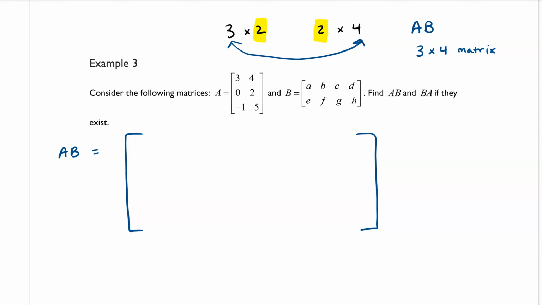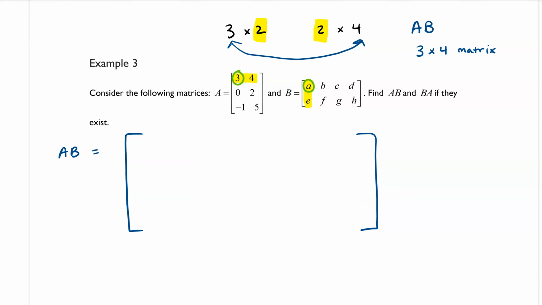So what we're going to do is the very first entry of the AB matrix, or A times B matrix, is going to be found using the first row of matrix A and the first column of matrix B. And so we are going to multiply this value and this value, A11 and B11.